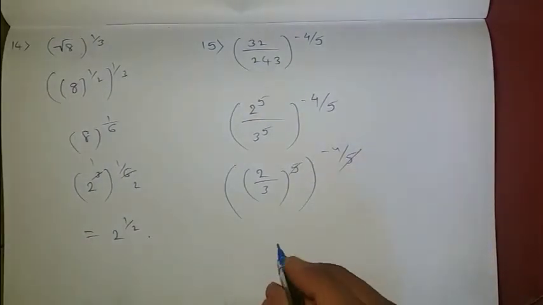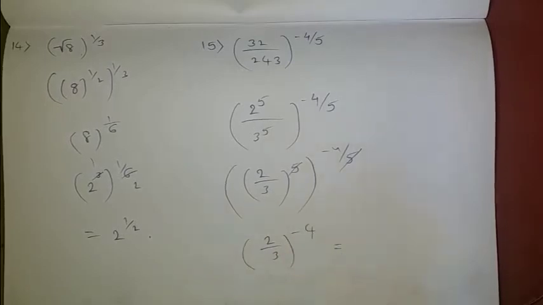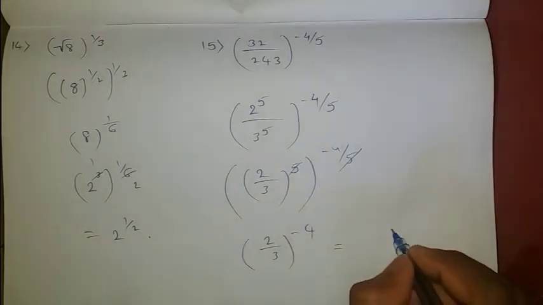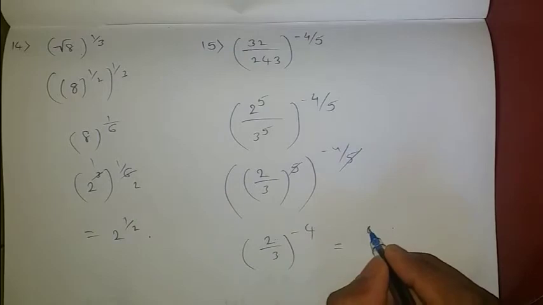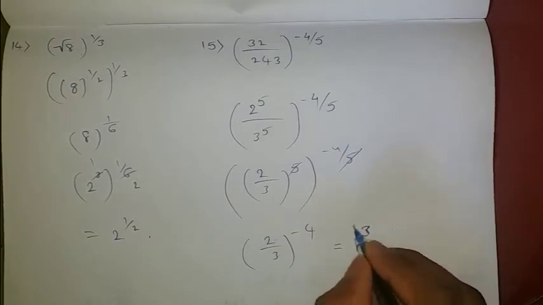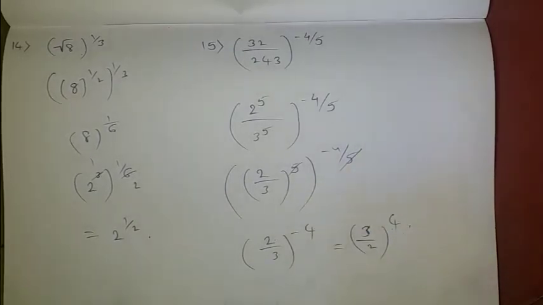Power 5 will get cancelled, so we remain with 2 by 3 whole power minus 4. Power is negative, so write the positive power and write this number in reciprocal. 2 by 3 reciprocal is 3 by 2, whole power positive, that is plus 4.